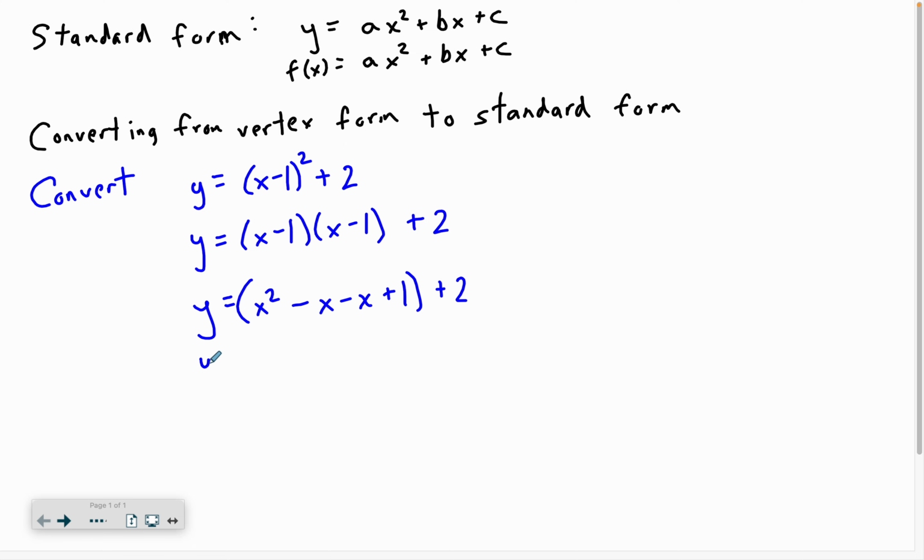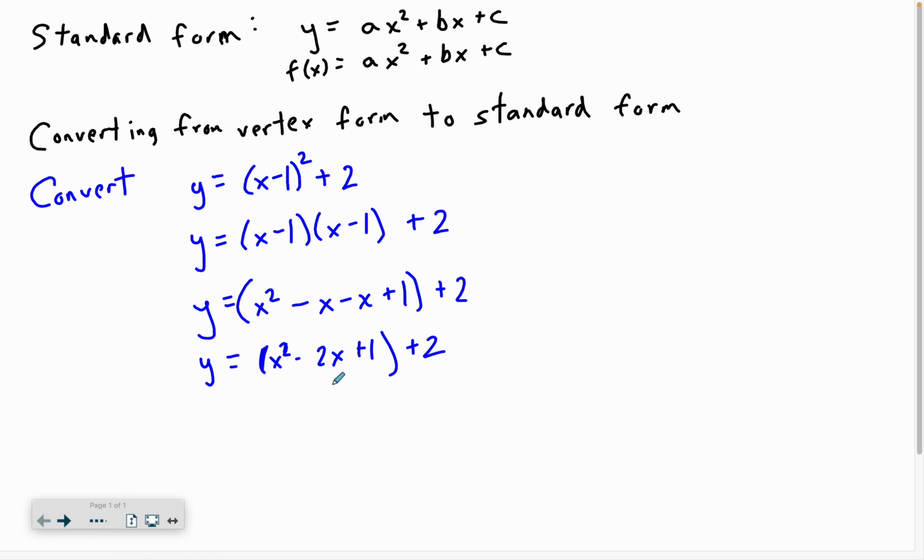Now we can combine like terms. Y equals, we have x squared minus x minus x is going to give us minus 2x plus 1, and then plus 2.